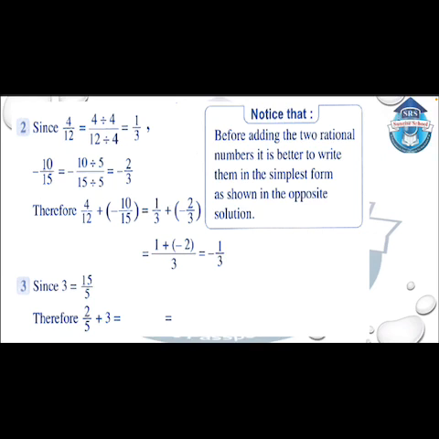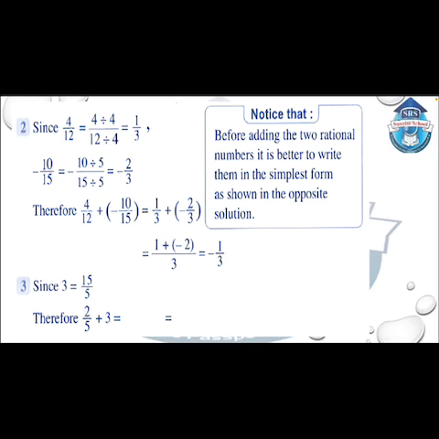Part number 3, it is 2 over 5 plus 3. Okay, 3 will be 15 over 5. I will try to have the same denominator. For that, I will make 3 equal 15 over 5 because I have 5 in the first denominator.